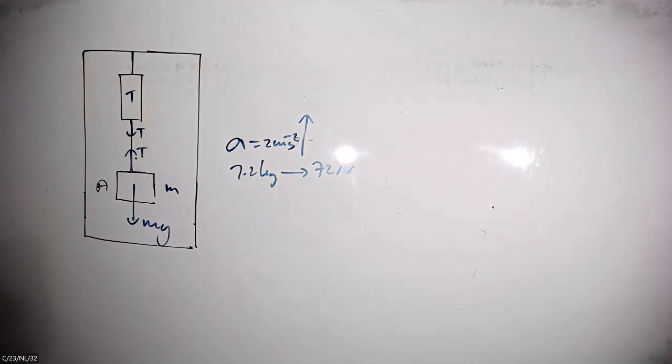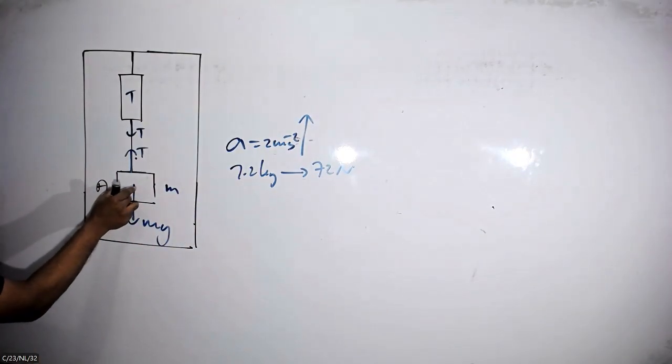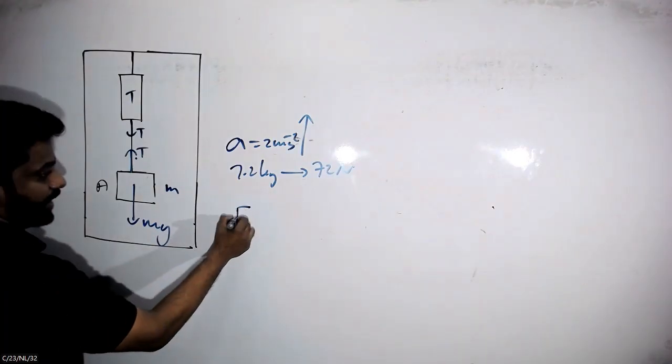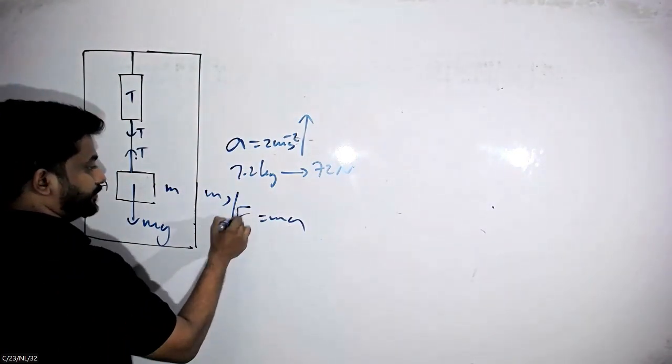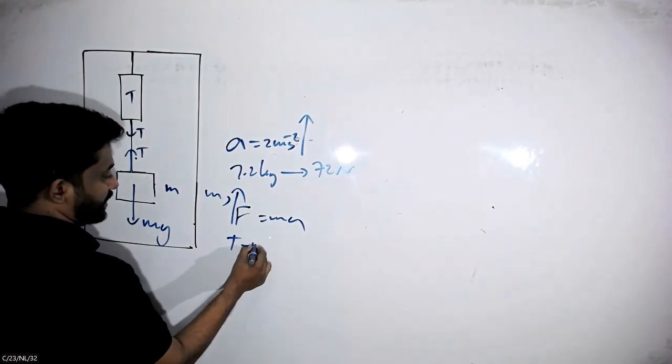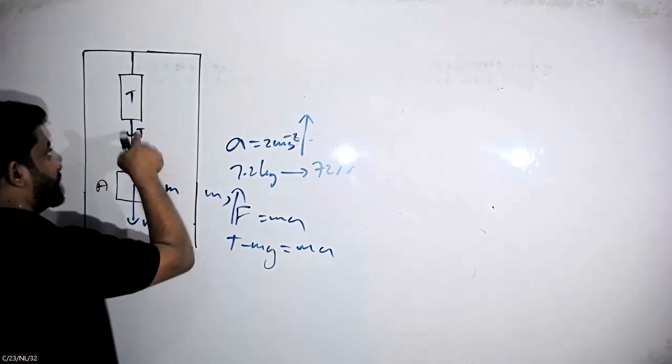Then, using this given data, you can identify the weight of this object. Let's see. You can apply Newton's second law for this mass to the upward direction. T minus mg is equal to ma. Tension is the reading, no?